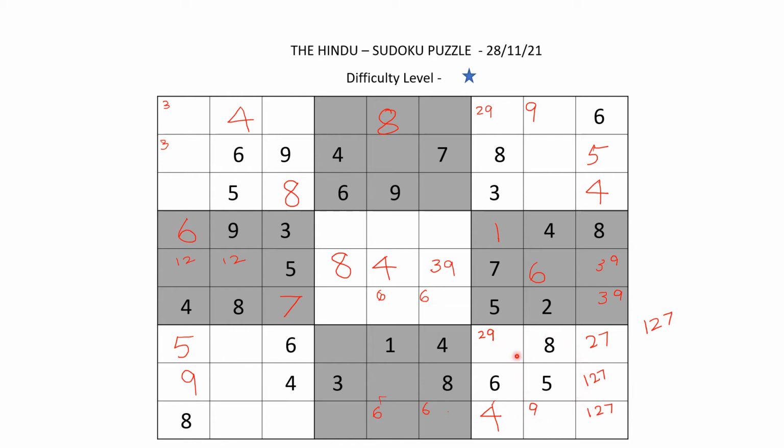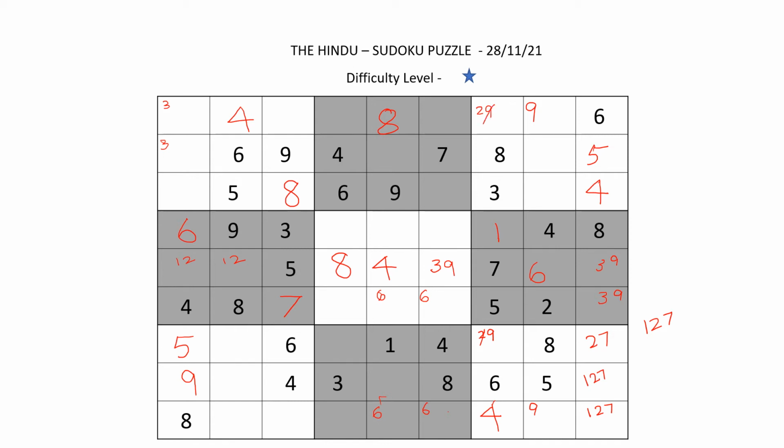So that obviously tells us this cell cannot take a 2. So this cancels out the 2 here, and this will take only a 9. Now this 9 impacts here. This cell cannot take a 9. This cancels out the 9 here, and this cell takes a 2.